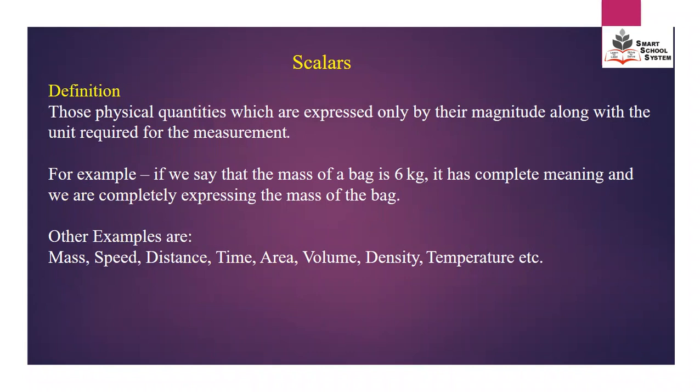Here 6 is the magnitude and kilogram is the unit. So as in definition, we have magnitude and the unit required for the measurement. Other examples are mass, speed, distance, time, etc.